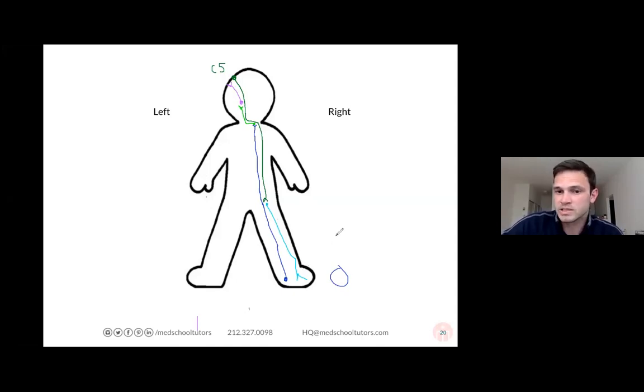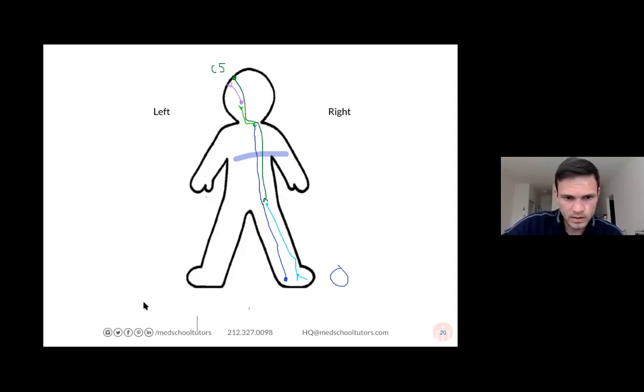So when we start talking about cord problems, if I cut this person's spinal cord here, the vibration deficits should always be the same as the upper motor neuron deficits, right? So you see that these two run together. They should almost always produce the same problems. The exception is in the brainstem.